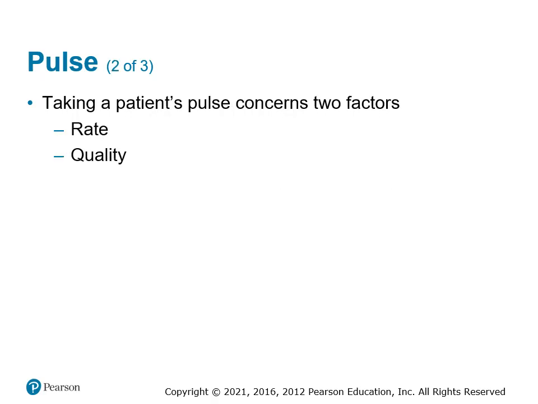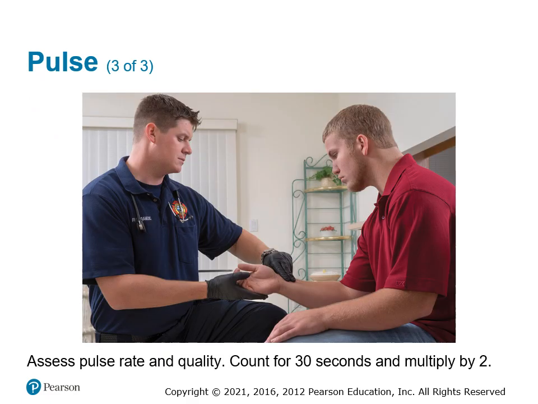So when you're taking a pulse, there's two things that you're listening to or feeling: rate and quality. So we're going to count how many times you feel that pulse in a minute, and then you also note the quality of the pulse. This is the guy taking a radial pulse.